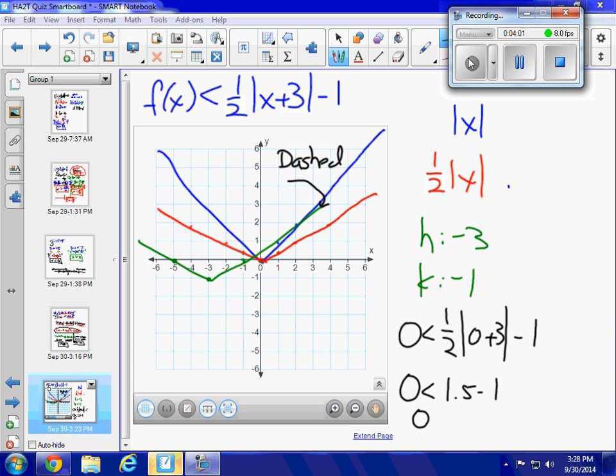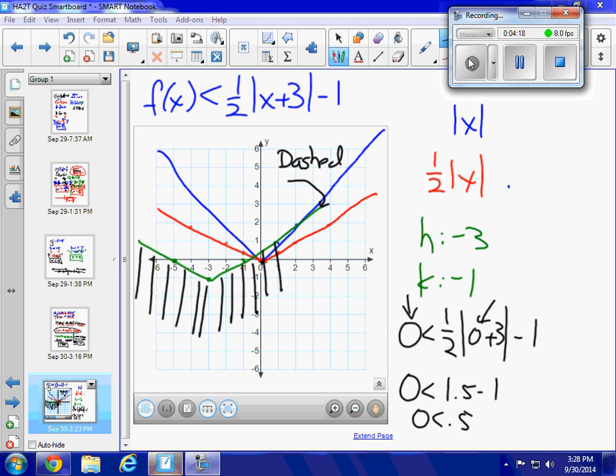Is 0 less than 0.5? Yes, 0 is less than 0.5. So the 0, 0 point, my y and my x there, is part of the solution. So I know that I need to shade everything below my absolute value boundary. Everything that is below my absolute value boundary will be a solution to this inequality.